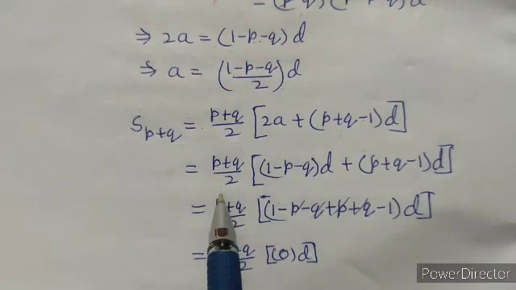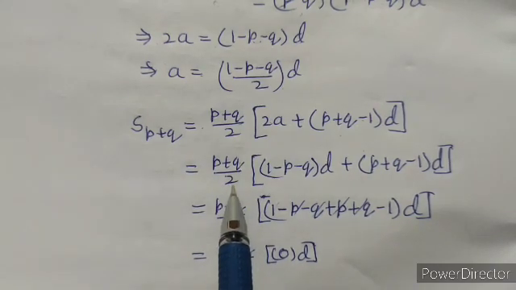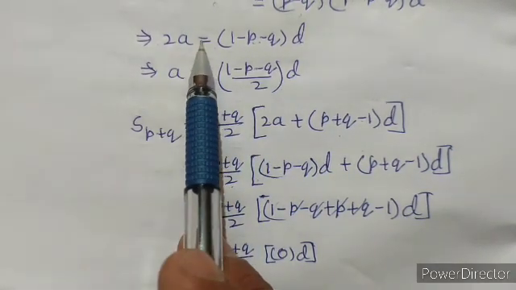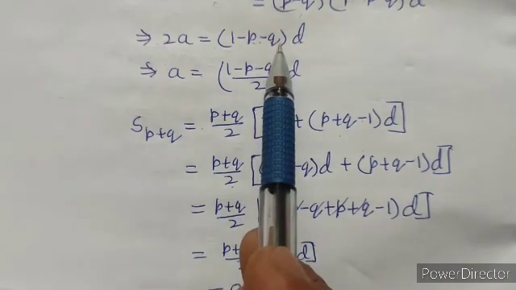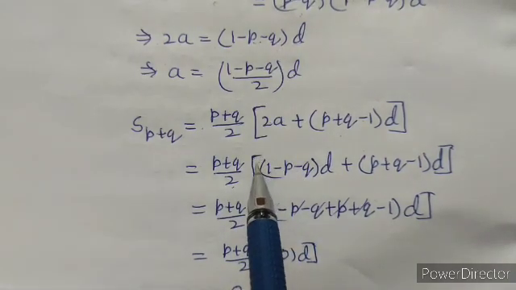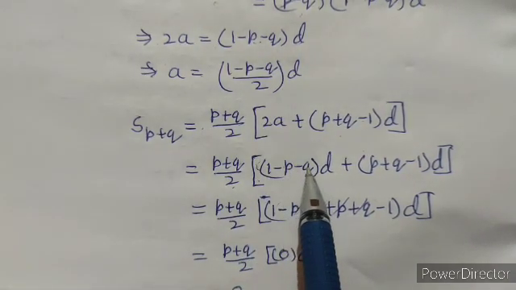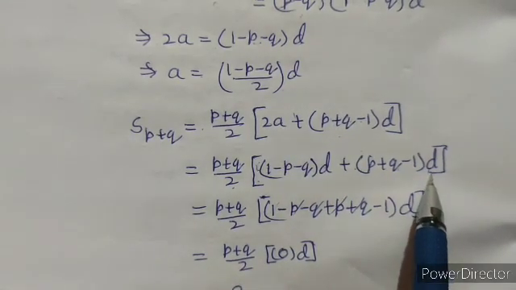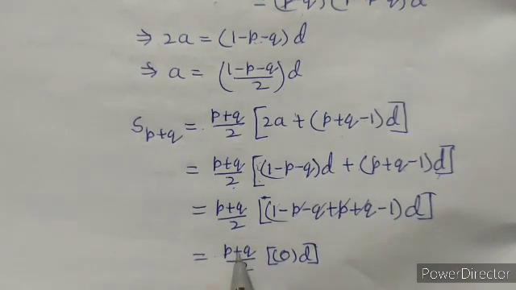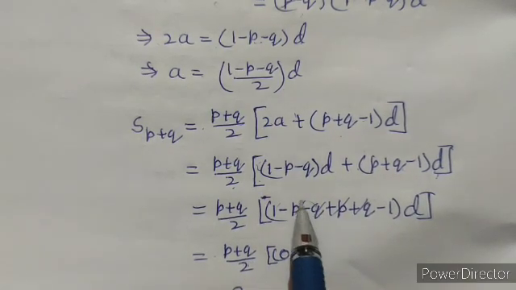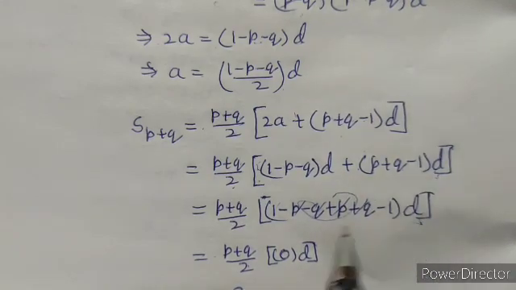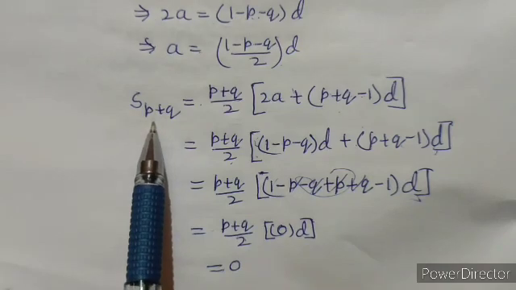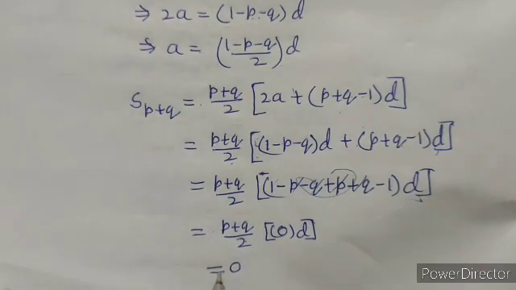Now that will give us (p plus q) upon 2 into, now 2a, as we know 2a was equal to (1 minus p minus q) into d, so that will be equal to (1 minus p minus q) into d plus (p plus q minus 1) into d, and that will give us (p plus q) upon 2 into 0 into d, and that will be equal to 0. The sum of first p plus q terms of the AP will be equal to 0.